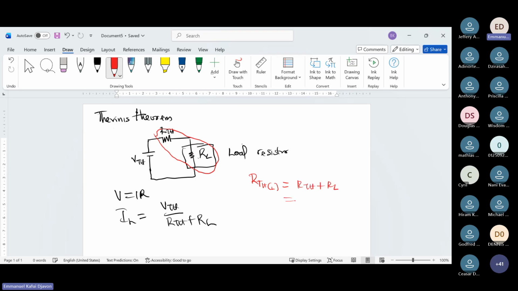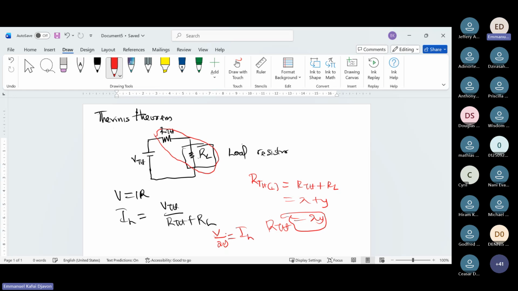So if this is equal to X plus Y, let me say you get XY. So XY becomes your RTH. So whatever you get here, you can now say that the VTH over XY will give you what?